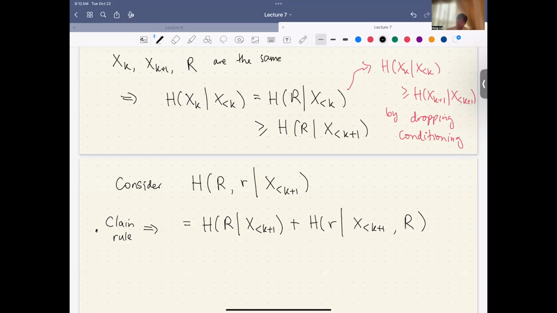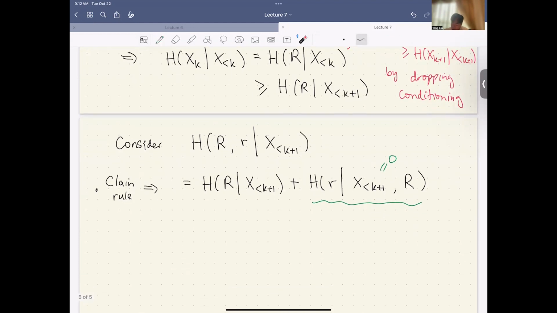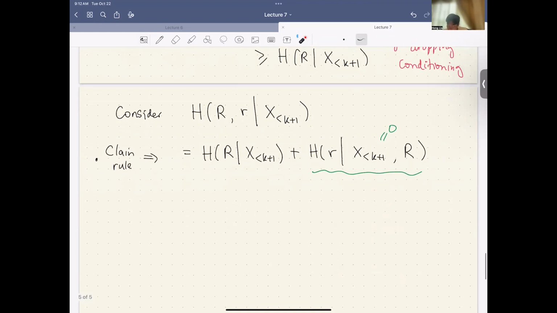One important observation here is that this guy equals 0. Why? Conditioning on, look here, we have our x1, this is xk, this is xk plus 1 in our picture.